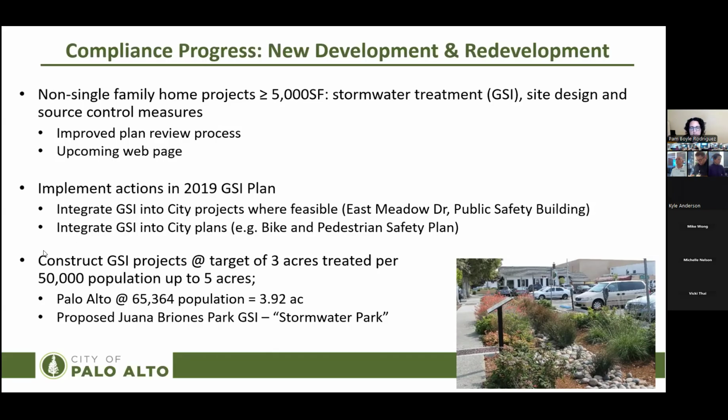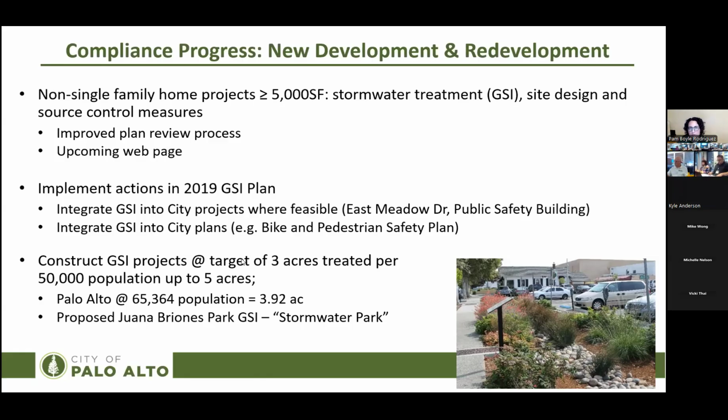Finally, this is one of the main requirements in the MRP 3.0, where we have to construct GSI projects when there's a target of 3 acres per 50,000 population. Our target is 3.92 because of our population of 65,000 or so. So we are required to treat, not put in this amount of GSI, but to treat this amount of GSI, which means we have to figure out where we can put green infrastructure to treat this amount before the end of the permit term.